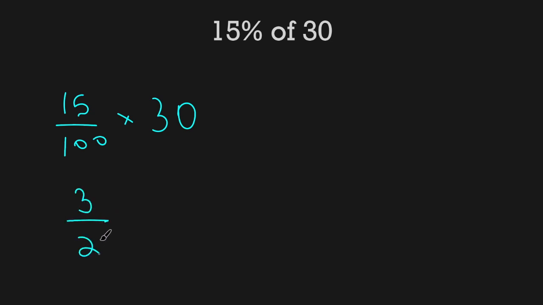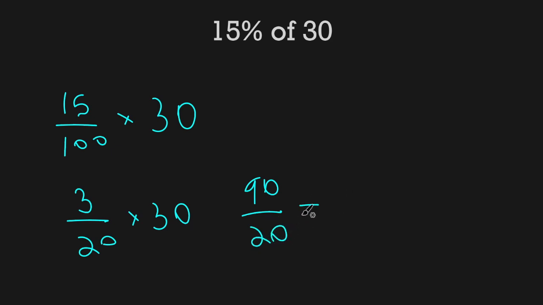First, let's try with option 1, converting the percent to a fraction. So that would mean 15 over 100 times 30. Let's divide both of these sides by 5 to simplify the fraction. So we have 3 over 20 times 30. We multiply and we get 90 over 20.